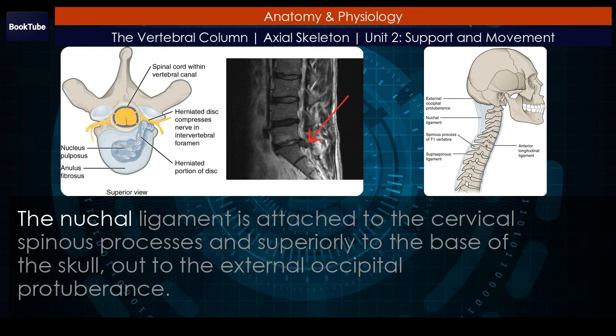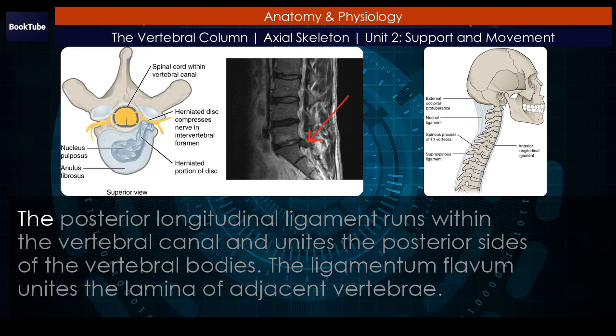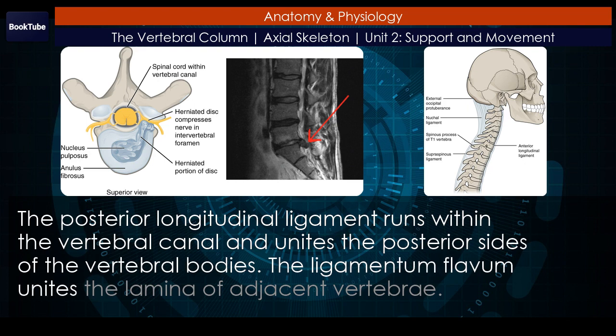The nuchal ligament is attached to the cervical spinous processes and superiorly to the base of the skull, out to the external occipital protuberance. The posterior longitudinal ligament runs within the vertebral canal and unites the posterior sides of the vertebral bodies. The ligamentum flavum unites the lamina of adjacent vertebrae.